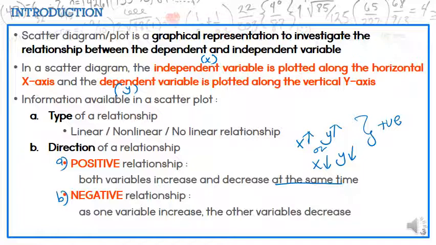On the other hand, a negative relationship is as one variable increases, the other variable will decrease, or vice versa. As x increases, y tends to decrease. Or as x decreases, y tends to increase. Dia terbalik. This one is a negative relationship. So from a scatter plot, you can identify two things, the type and the direction of the relationship.